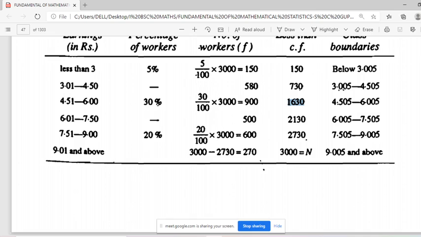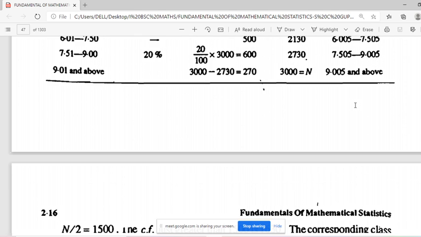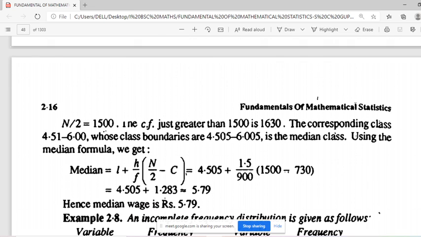The frequency of the median class is 900. The cumulative frequency just before the median class is 730. The lower limit is 4.505, so L is equal to 4.505.